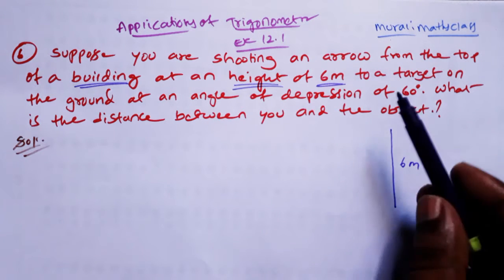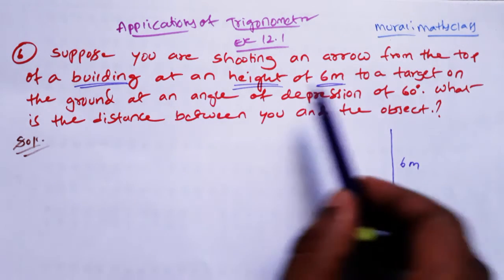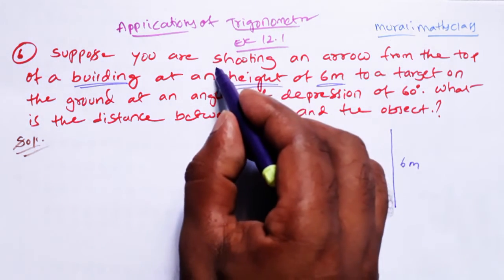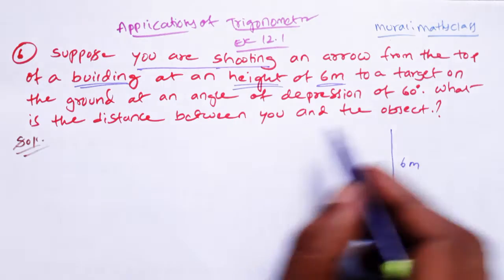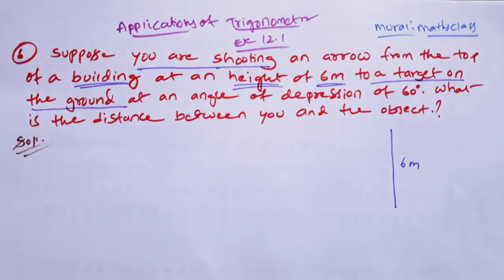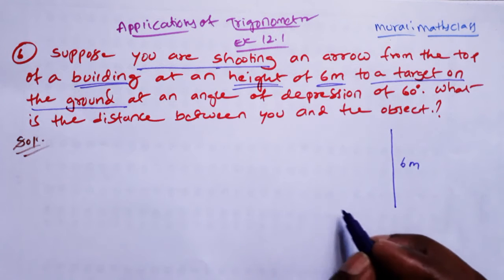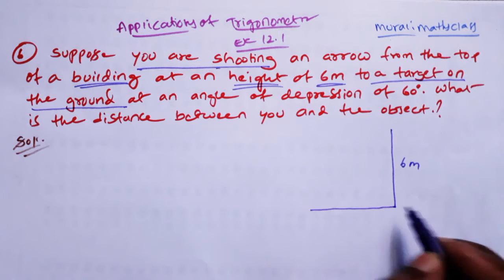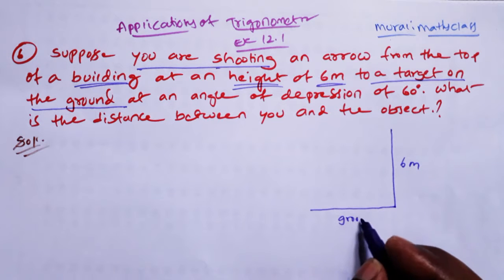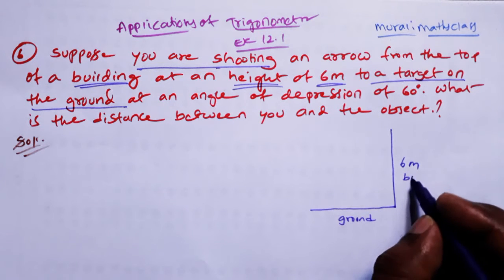Okay, next. To a target. So you are shooting, see here. You are shooting a target on the ground. Let us think this is the ground. This is ground. Building.